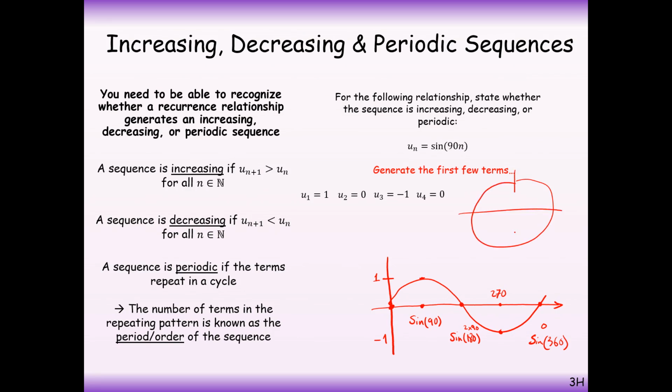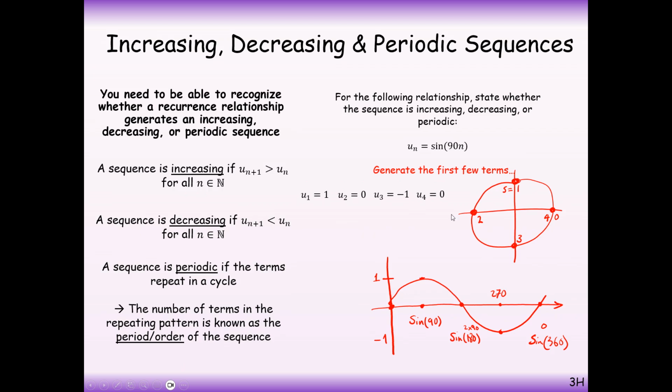What we did is we went around the circle. The first term started here, the second term took us here, sine of 180, then we got sine of 270, and then the fourth term took us back to where the 0th term was. And the fifth term would be where the first term is. So it's not hard to see. This is called a periodic sequence because it has a period and it will repeat itself.